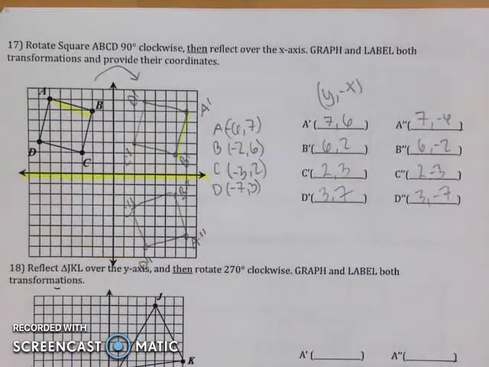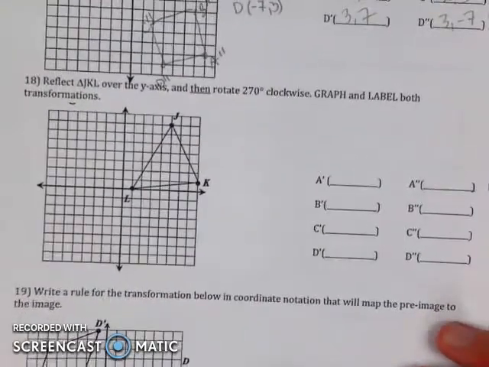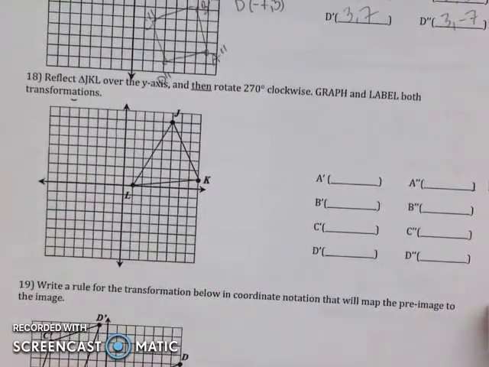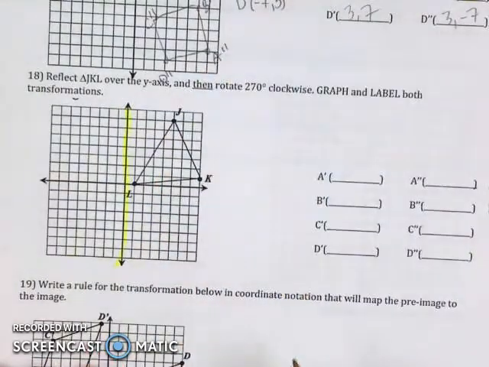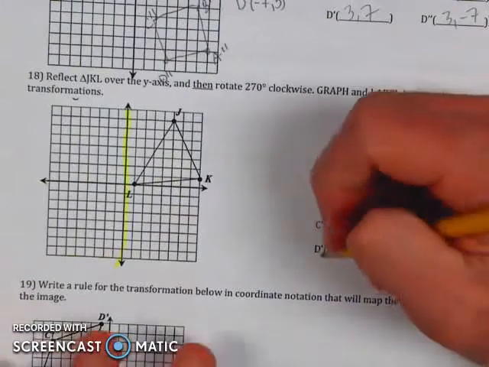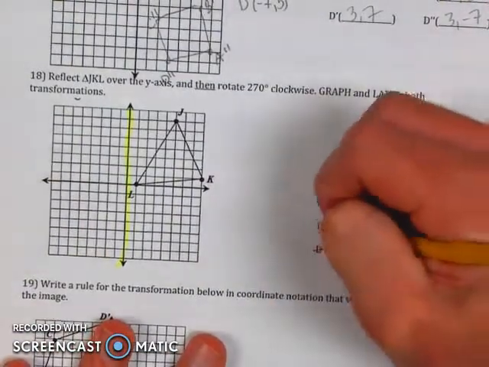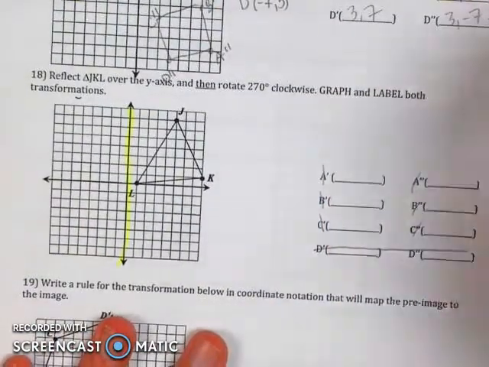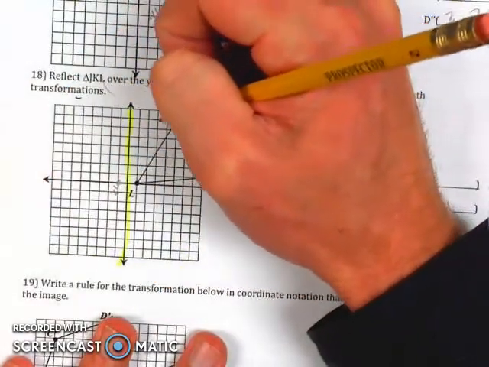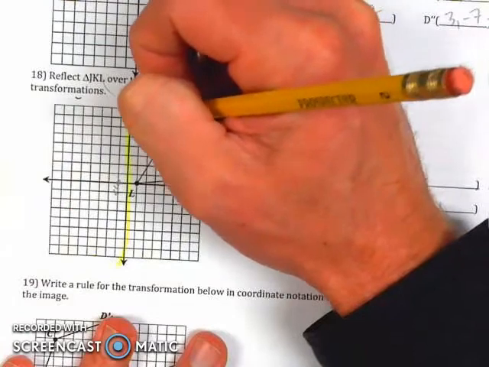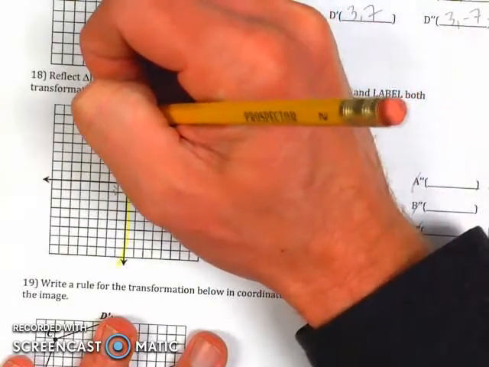Cool. Reflect JK over the y-axis, then rotate 270. So the y-axis is right here. So pretty easy to flip. And by the way, these are the wrong letters, but that's okay. L is going to become over here, L prime. This is 5, 5.